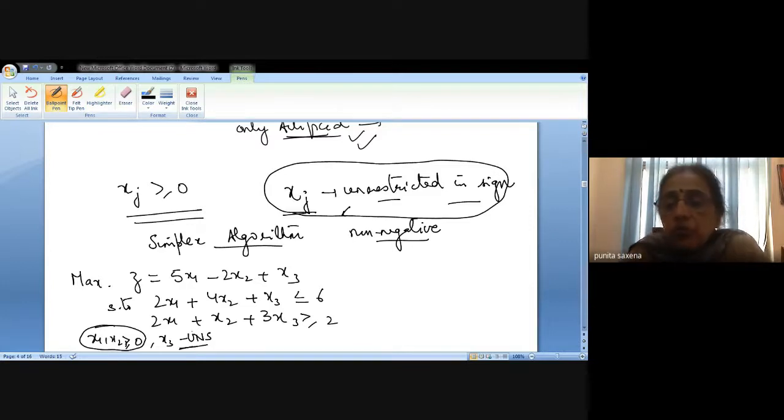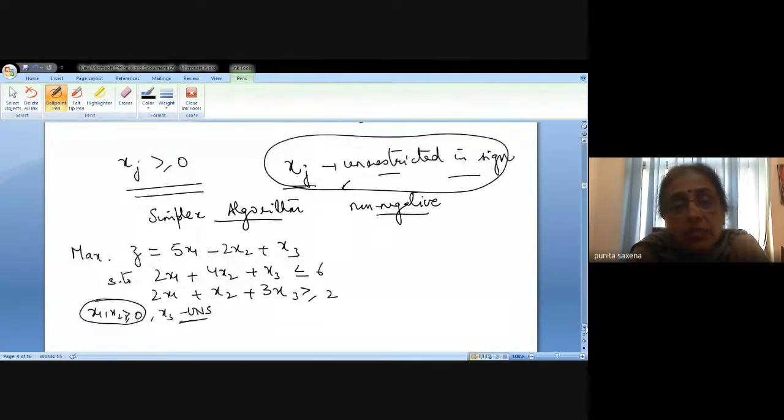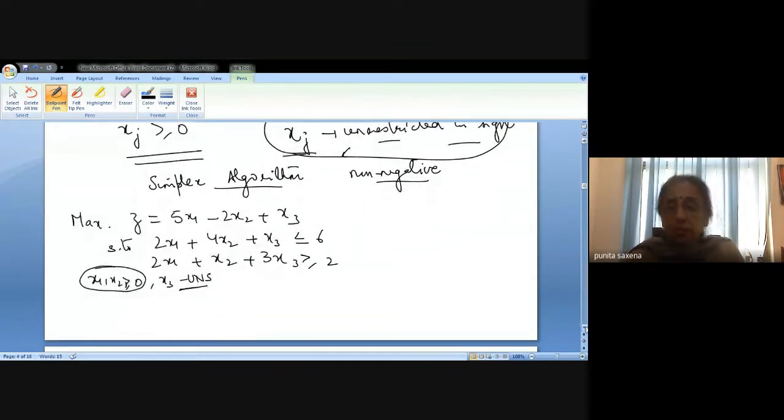With an unrestricted variable, I cannot directly apply the simplex algorithm here because I need it to be written in the standard form first. And standard form says that non-negativity restrictions should be satisfied. So to go ahead, this is clear: you will have a slack variable here, an x4 will come.